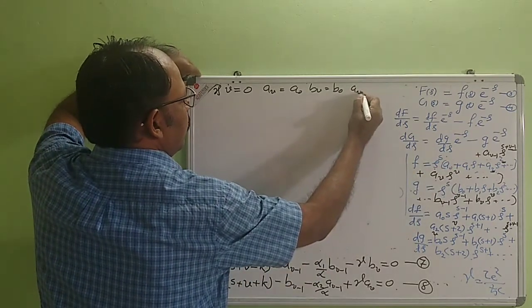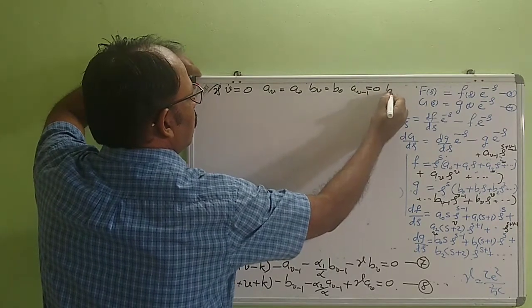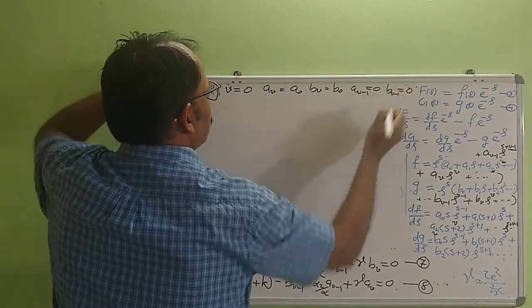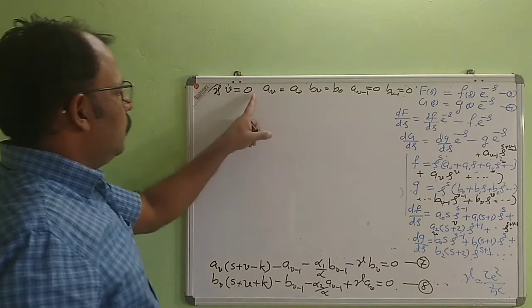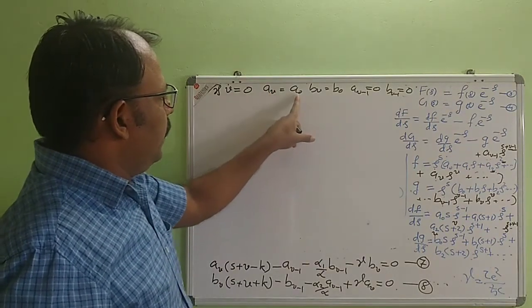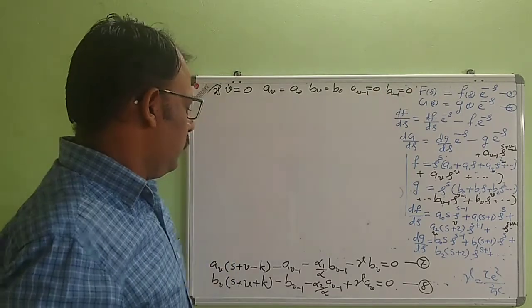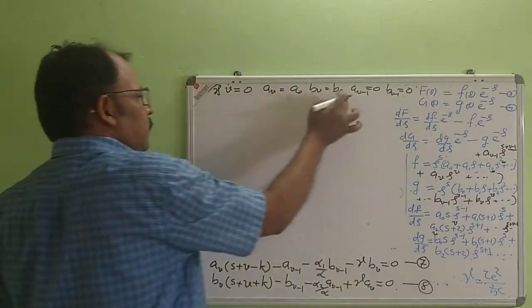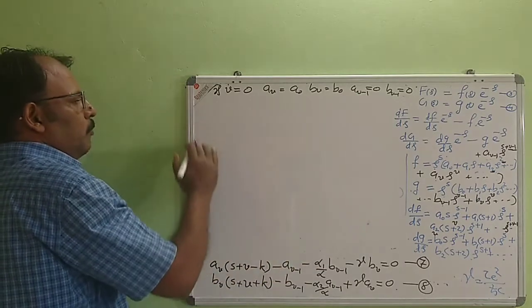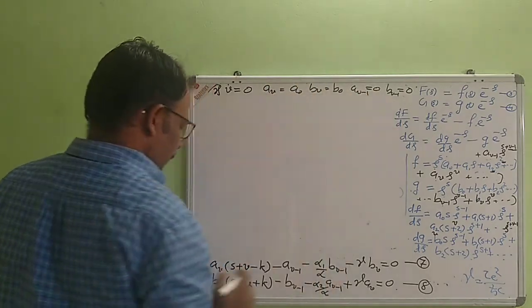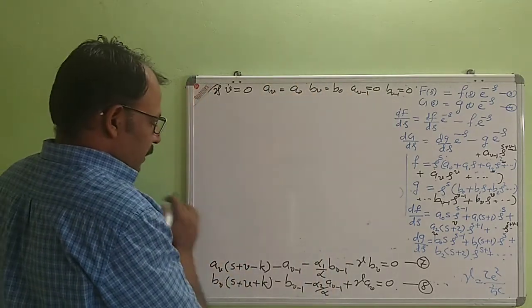So we can write A v minus 1 equal to 0, B v minus 1 equal to 0. Since we are starting from A0 and B0, no term is there having A minus 1 or B minus 1, so that term we can take as 0.